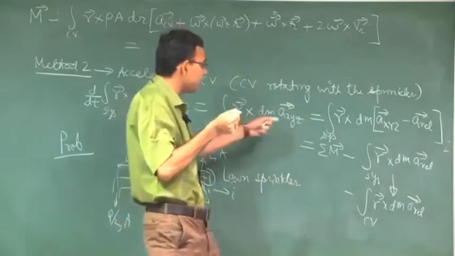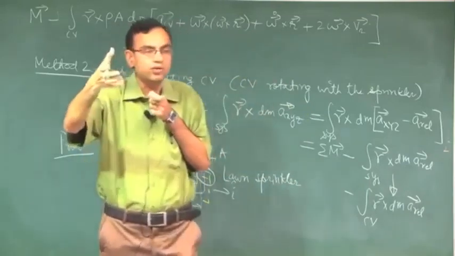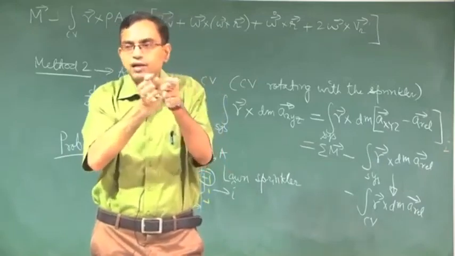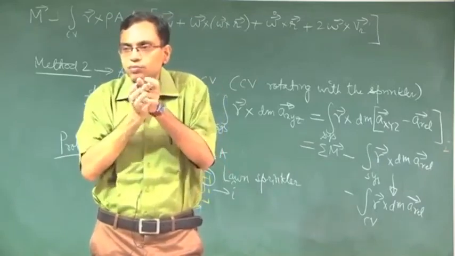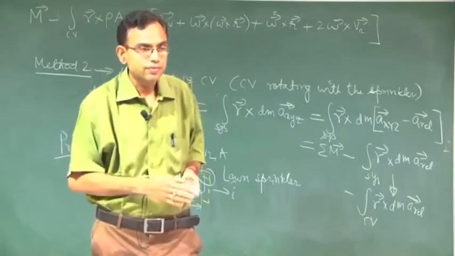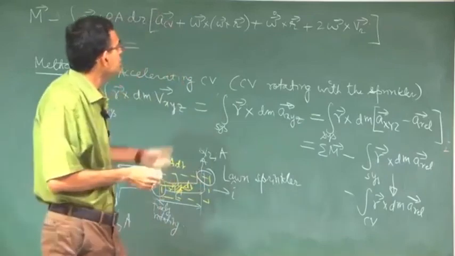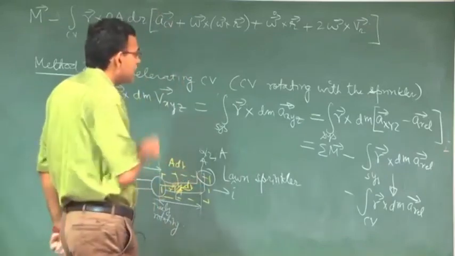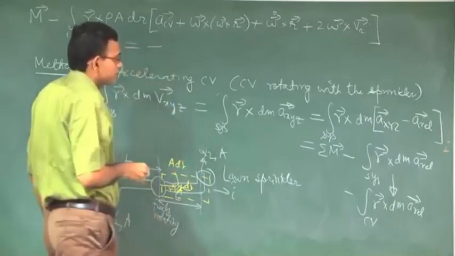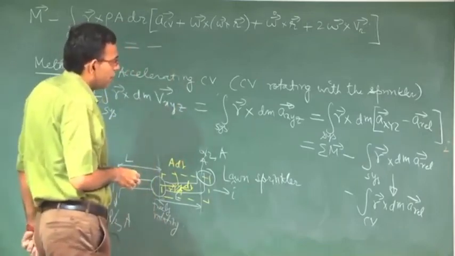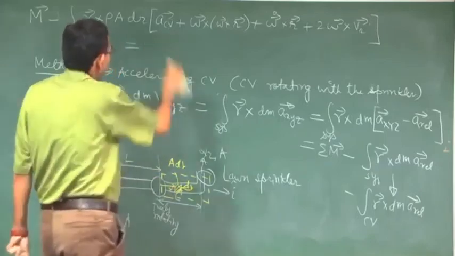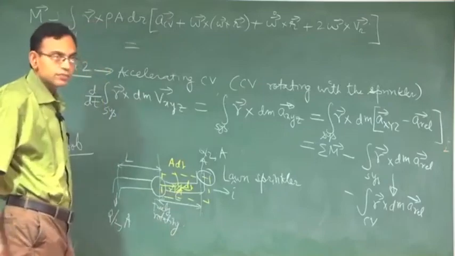The water is having a velocity V xyz relative to the control volume, so with respect to the control volume there is no net flow. So this is 0, and the last one, sorry, the outflow, the flow term.